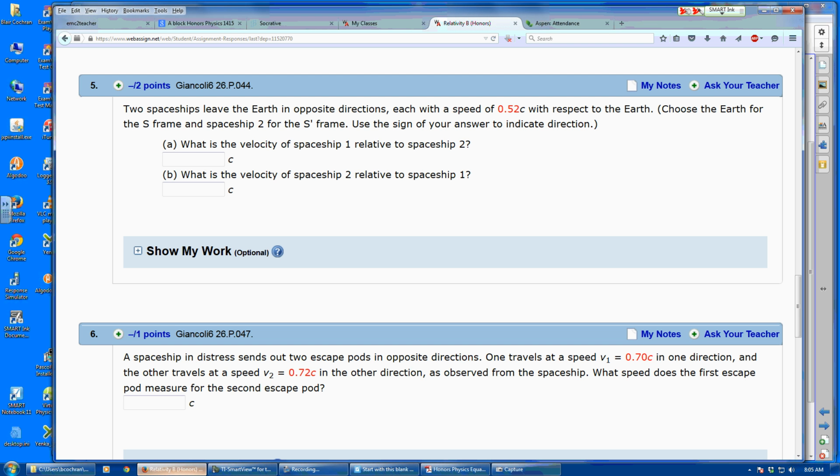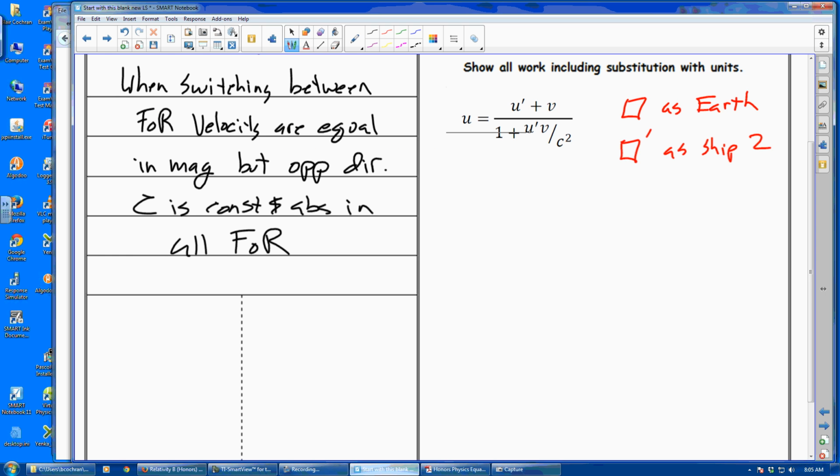Use sign your answer to indicate direction. So, they leave Earth in opposite directions. It doesn't really tell us which one is which, so I'm going to do a little drawing here.